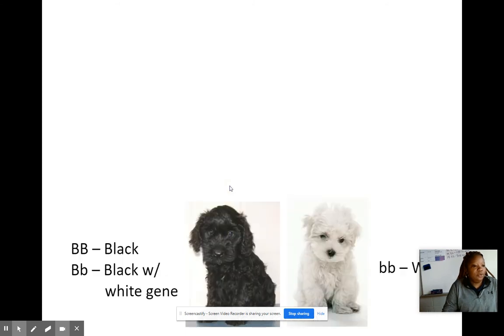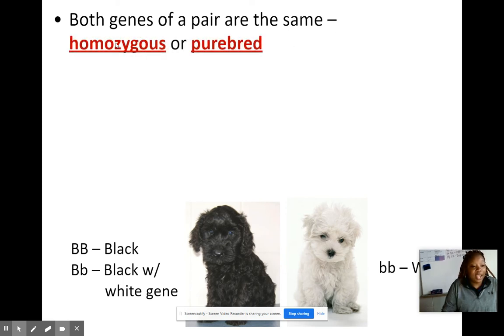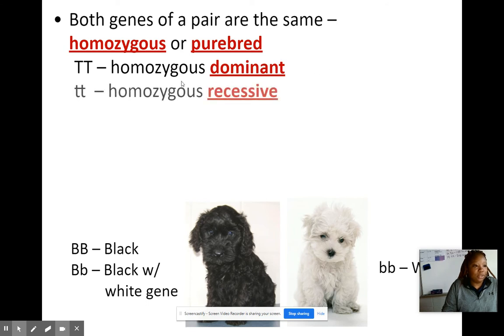All right, moving along. When both genes of a pair are the same, meaning big B, big B or little b, little b, we read that as homozygous or purebred. Big T, big T we call homozygous dominant, because we read it as dominant, and homozygous means the same. Next, little t, little t, we read as homozygous recessive.